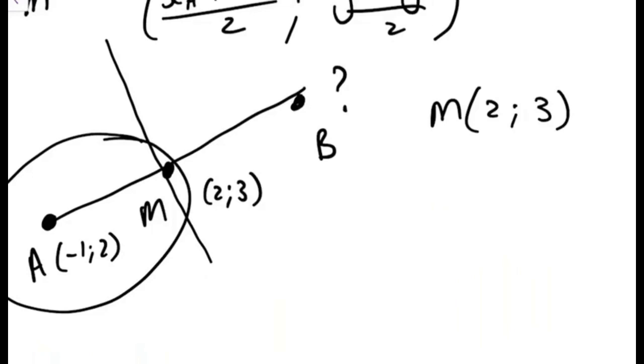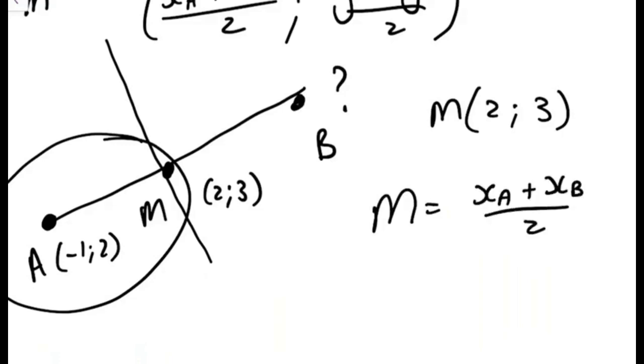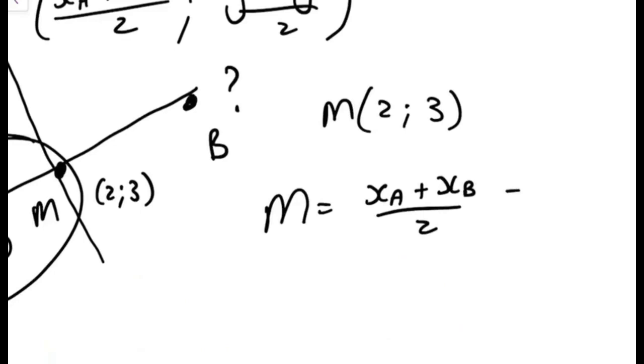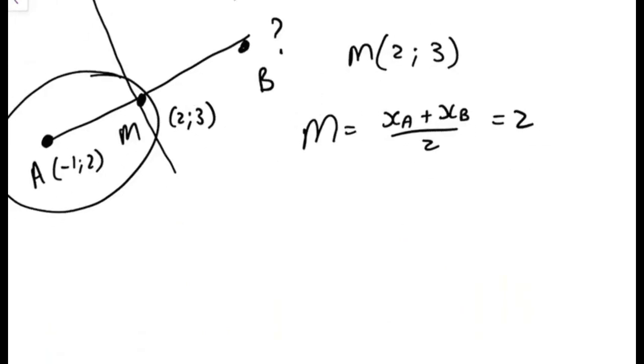So A, okay, with my midpoint theorem, I'm going to say my x of A plus my x of B divided by 2 should equal 2. That's the x coordinate. And my y of A plus my y of B divided by 2 should be equal to 3.